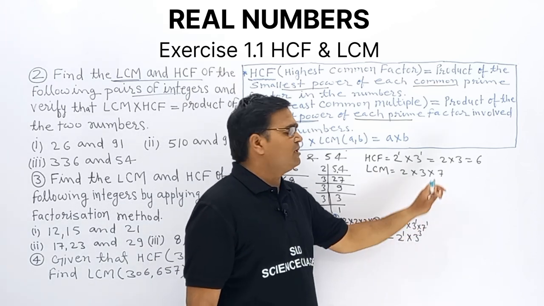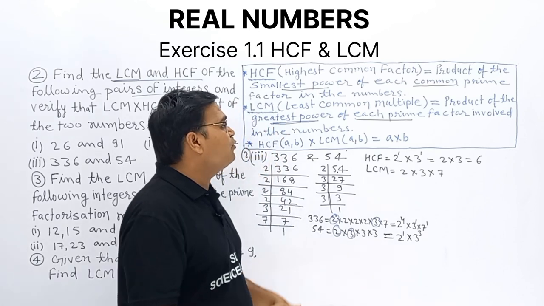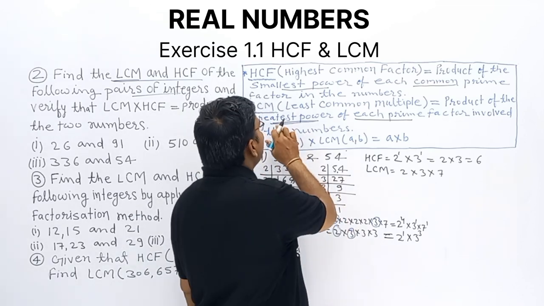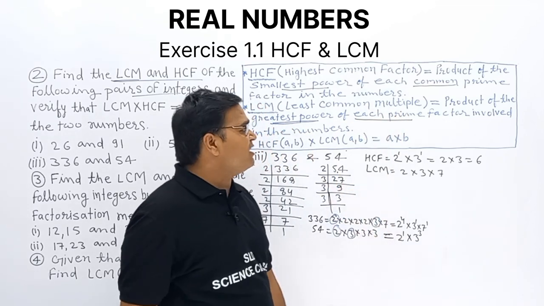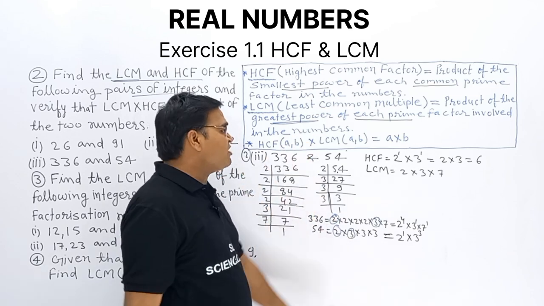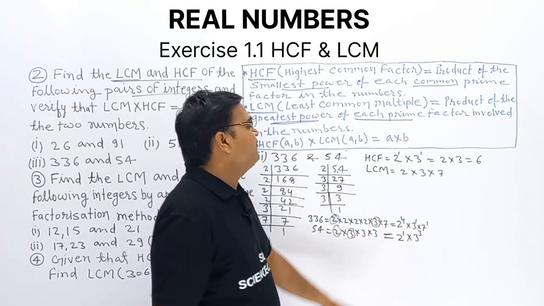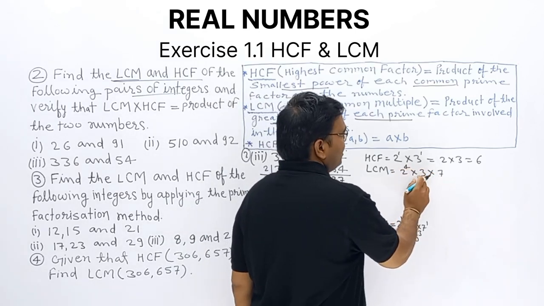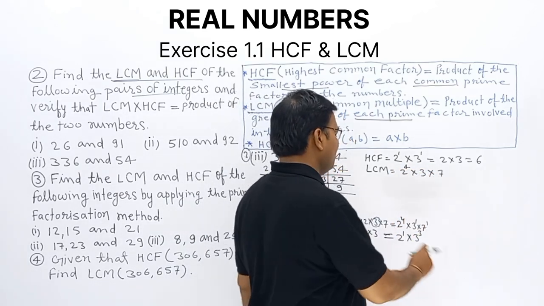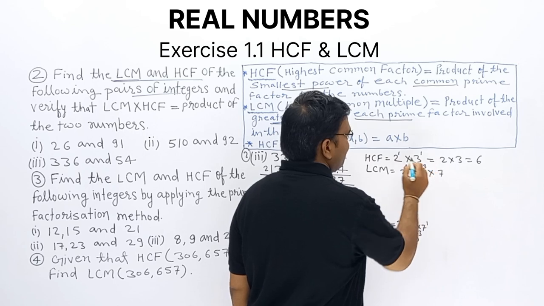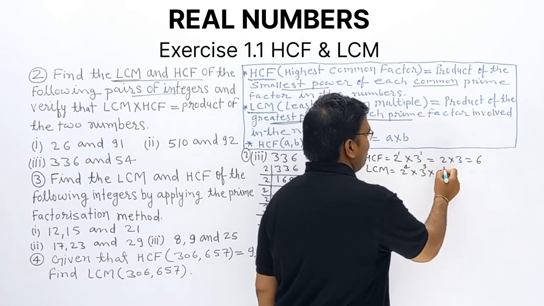Now put power. How will we put the power? Maximum, the greatest power of each prime factor involved in the numbers, the greatest one. So 2 की greatest power, there is a 1, there is a 4, so we will use 4. 3 की greatest power 1, 3, so we will use 3. 7 की greatest power only 1.